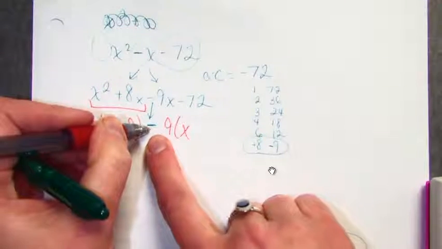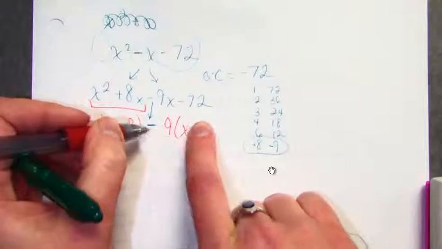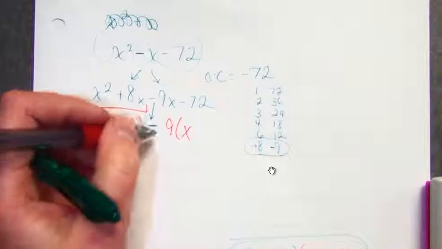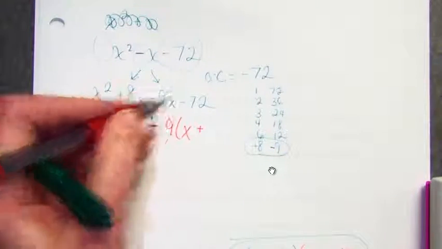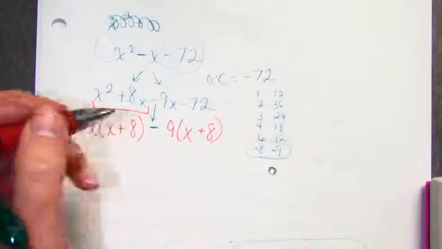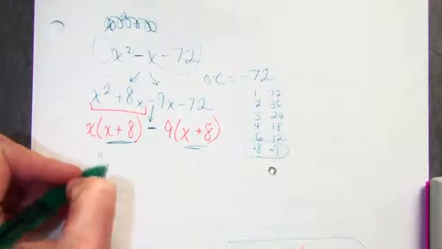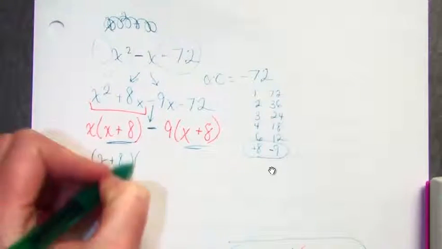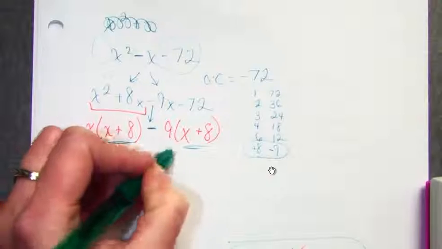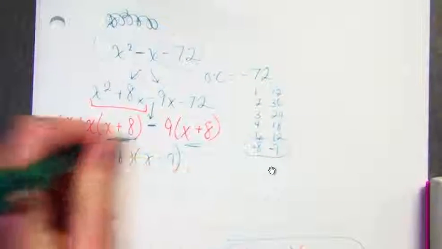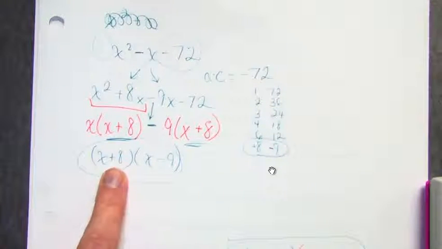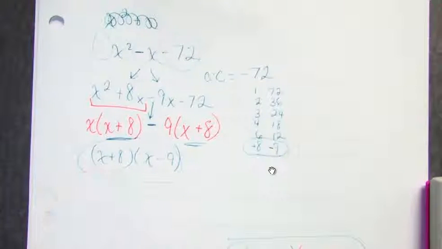Now I need something that negative 9 times something is a negative 72. Negative times a positive gets me a negative value. And yet again, I have the twins. I have the leftovers. Factored form. I have a 0 at negative 8 and a 0 at positive 9.